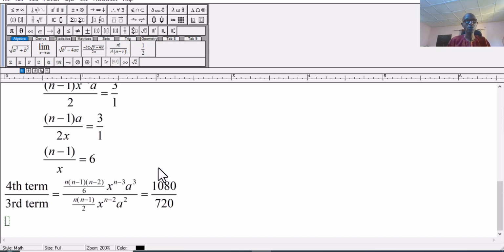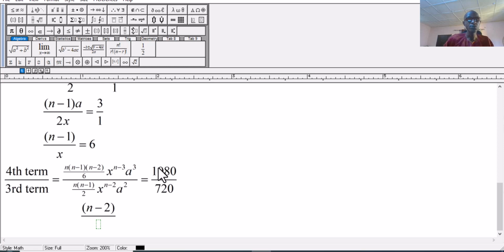Now let's do the division for this. The division will give us n and n minus 1 cancel out, so you have n minus 2 left on that side, with 3 at the denominator there.